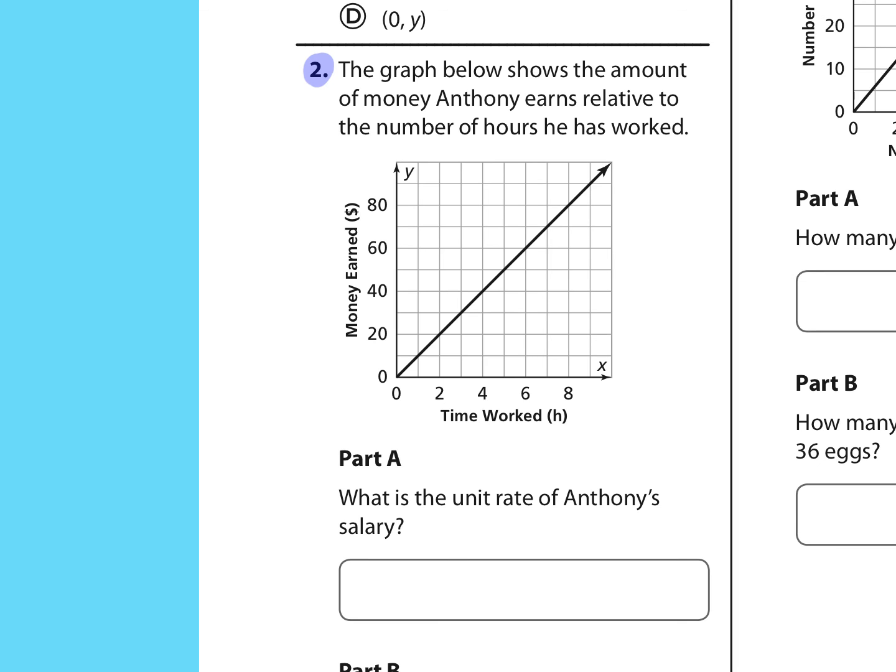So what's the unit rate? We know that's where x, the number of hours, is 1. So let's see what y is. It's $10. And so for his salary, that means we're talking about $10 per 1 hour.